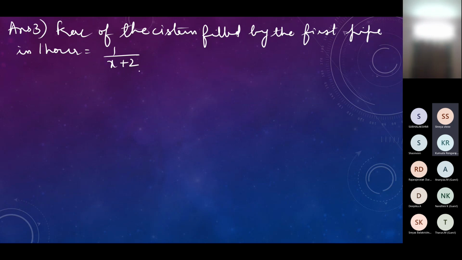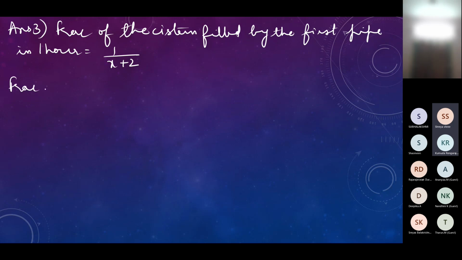See, this has no unit because it's a fraction of work done. It is the reciprocal of the total time taken, 1/(x + 2).